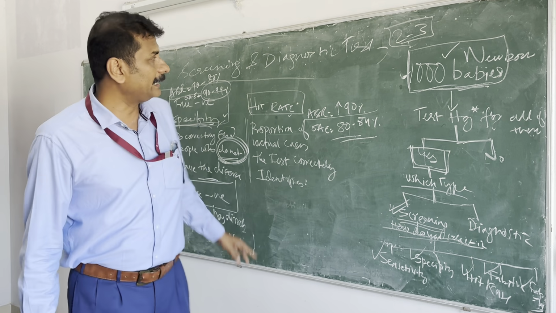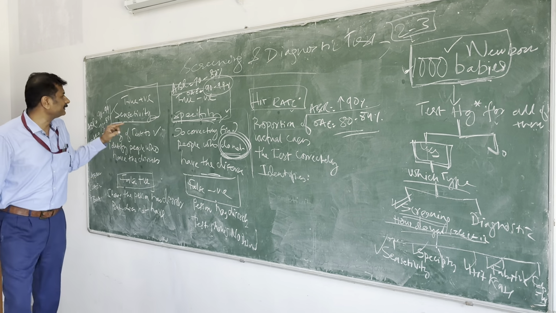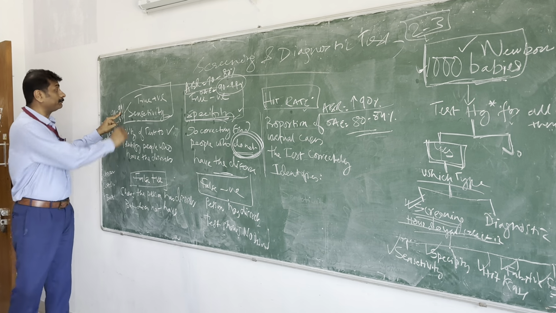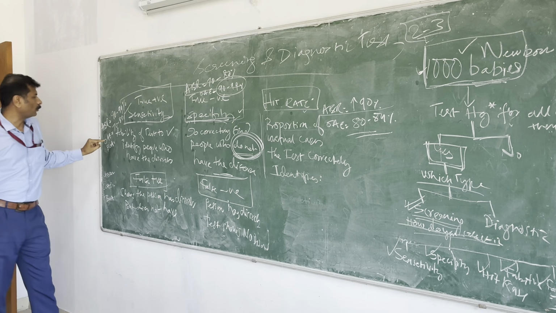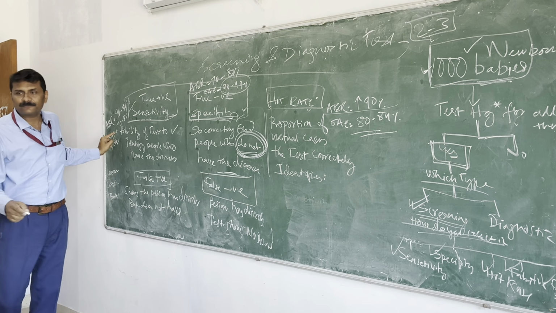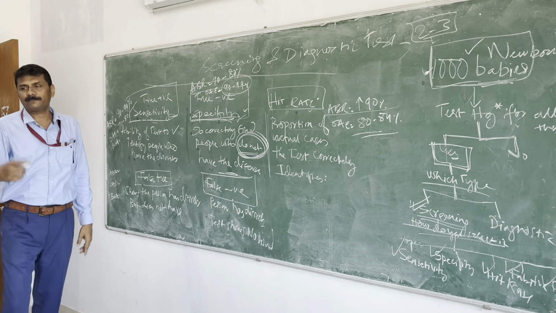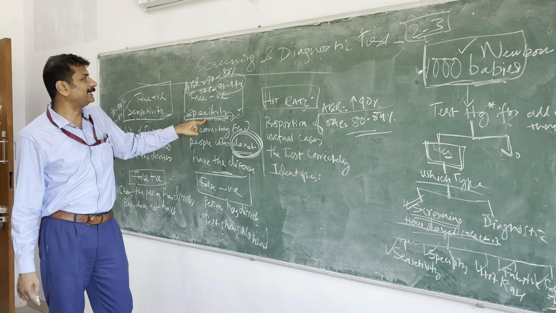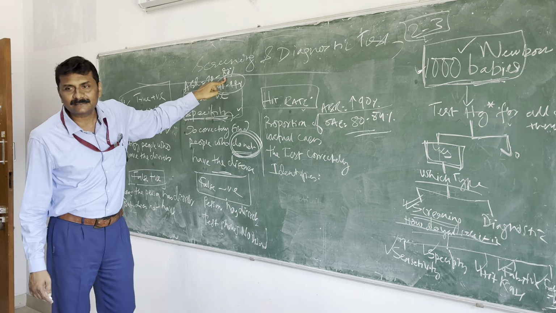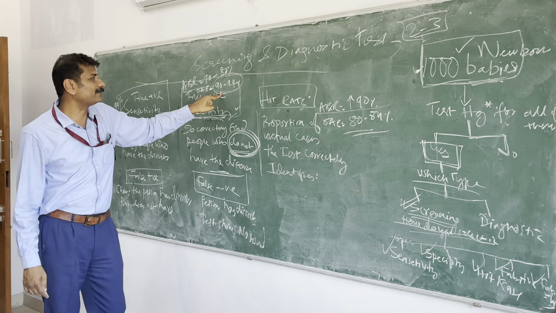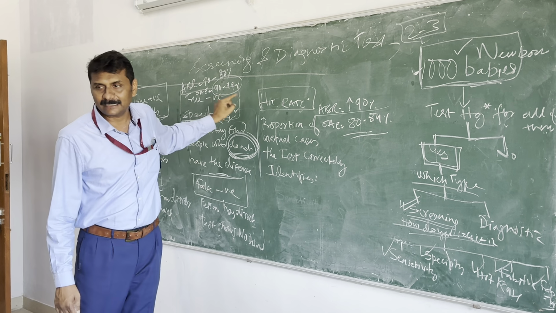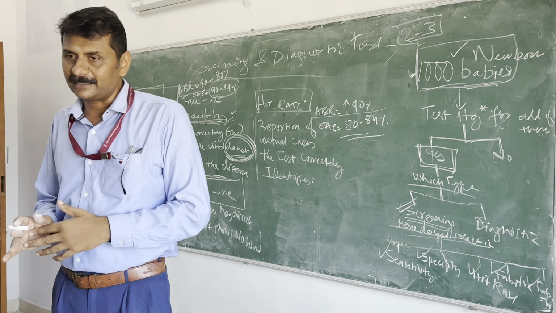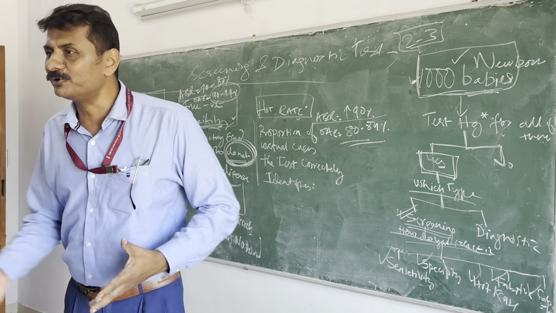So the ABR, if you see, would be having a sensitivity of 90 to 94%, while the OAE would be having a sensitivity of 70 to 85%. But the specificity of the ABR would be 80% and the specificity of OAE is 90 to 99%. So in case there is a newborn hearing screening to be done, which test are you going to choose?